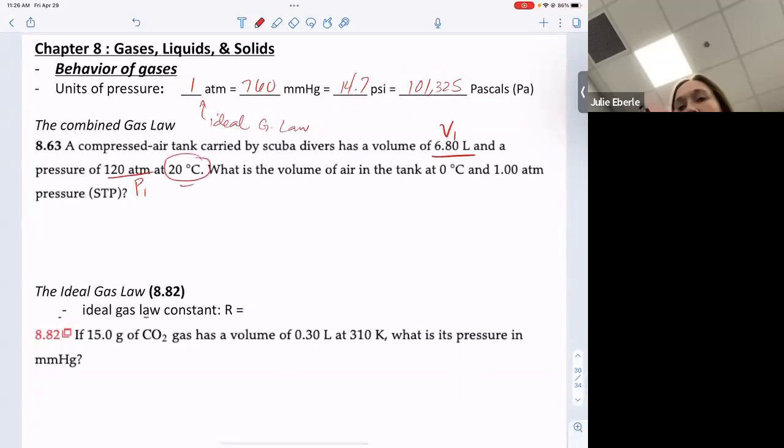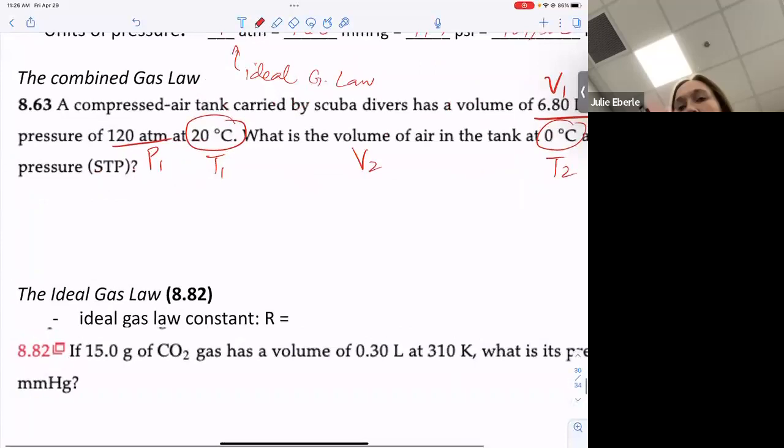And here's the first temperature, T1. We're then given another temperature, T2. This 1 atm is P2, and it's asking for V2. So our equation, you'll have this on your chart at the end of the exam, is P1 V1 over T1 equals P2 V2 over T2.